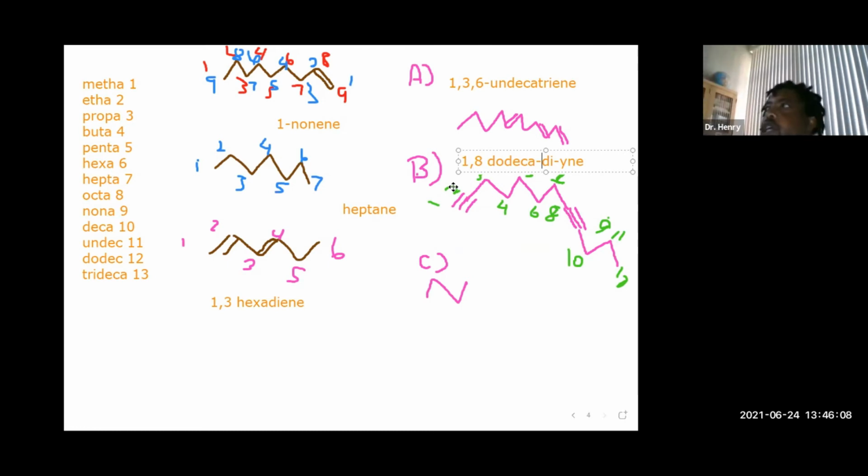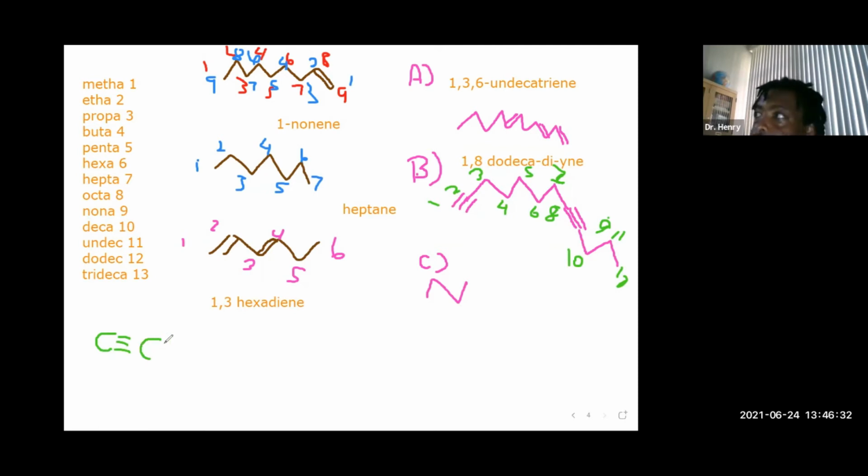Let me give you a smaller example. That's the first carbon. This is our second carbon. This is our third carbon. This is our fourth carbon. So in other words, we have 12 carbons. I'm going to draw this at the bottom. It's a carbon triple bonded to another carbon, so that's 1 and 2.